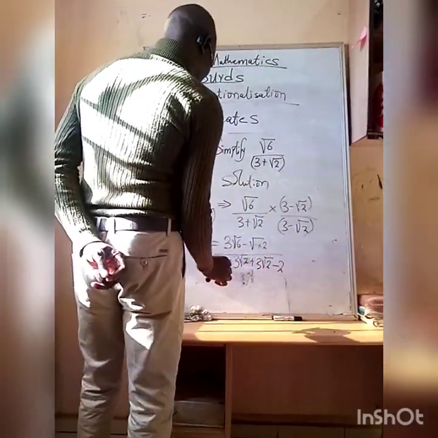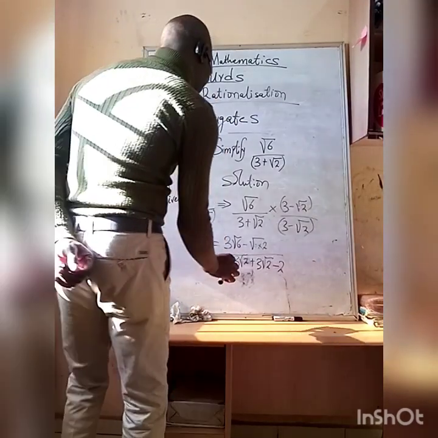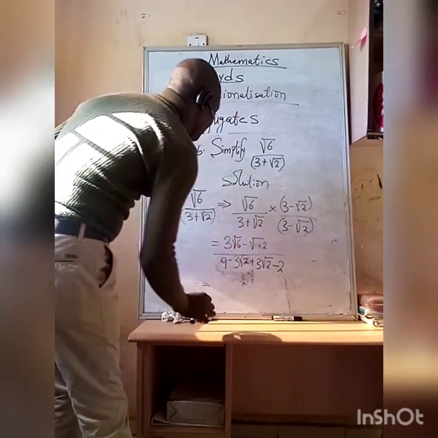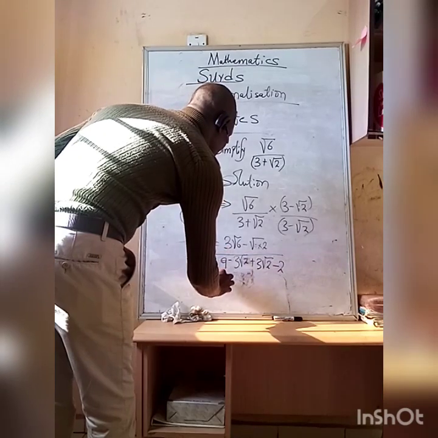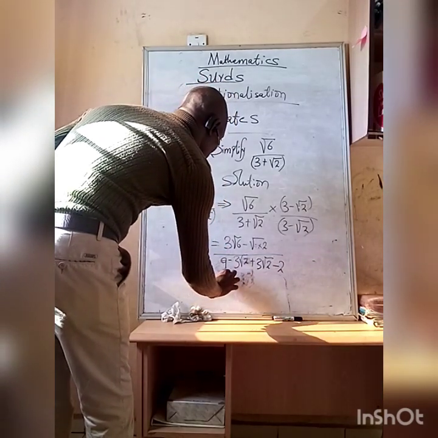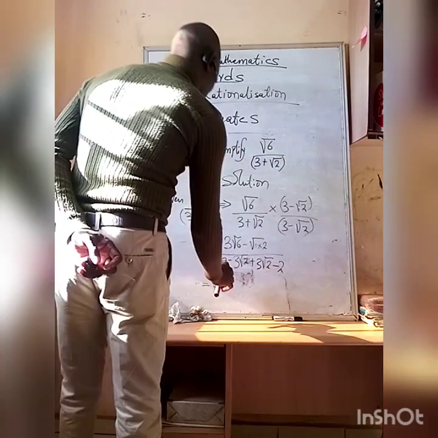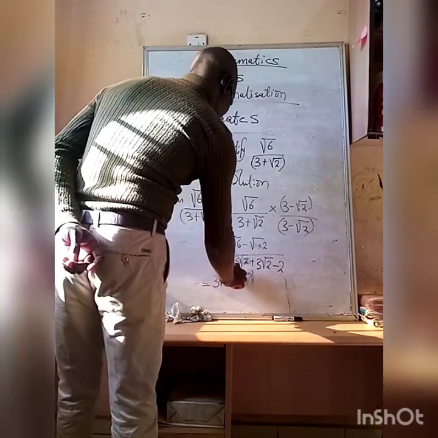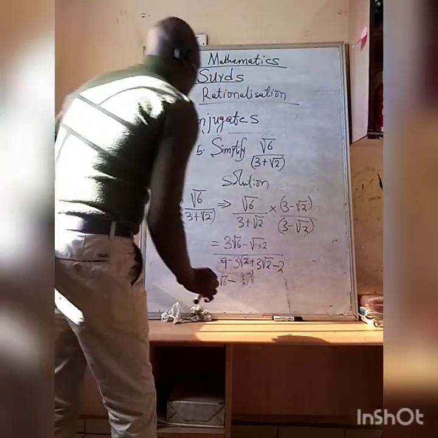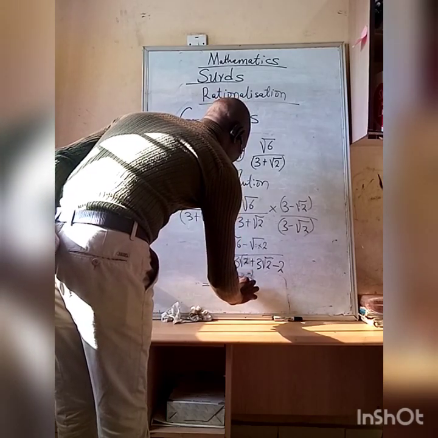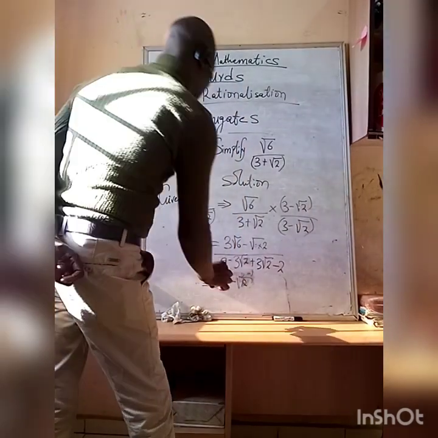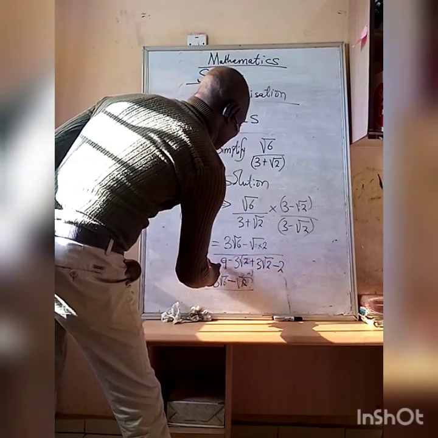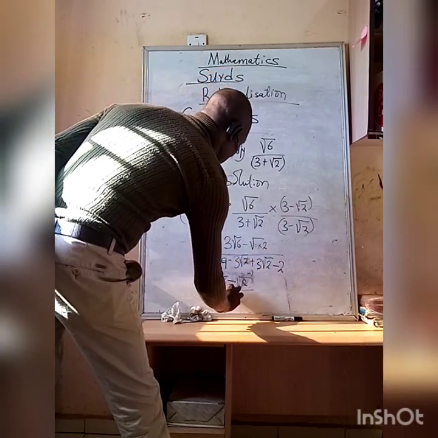So this now becomes 3 root 6 minus root 12 all over. These two cancel out, so we are now left with 9 minus 2 all over 7.